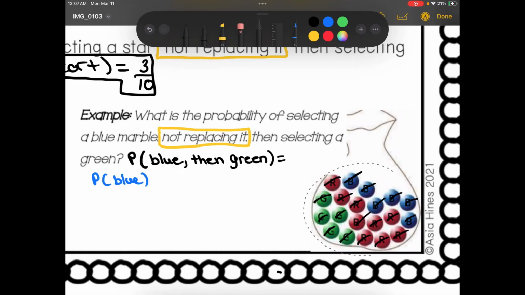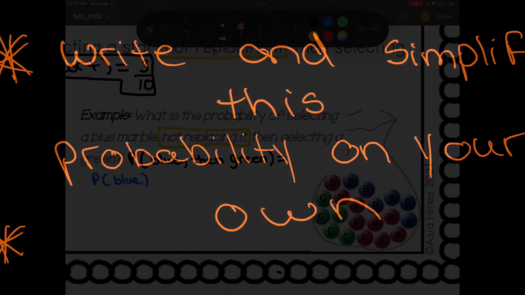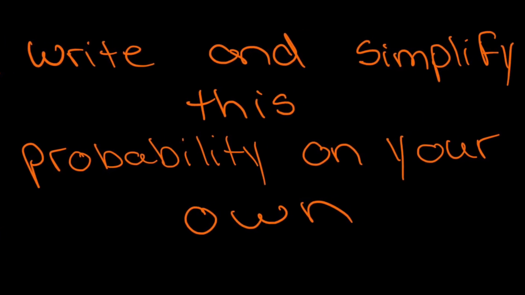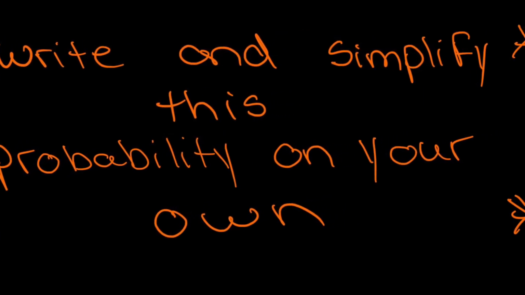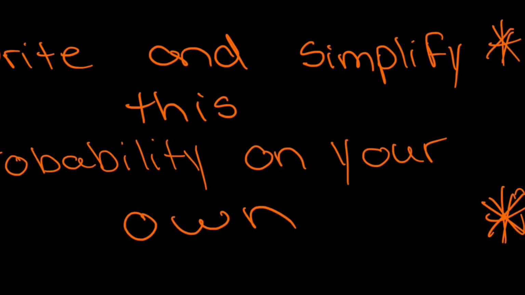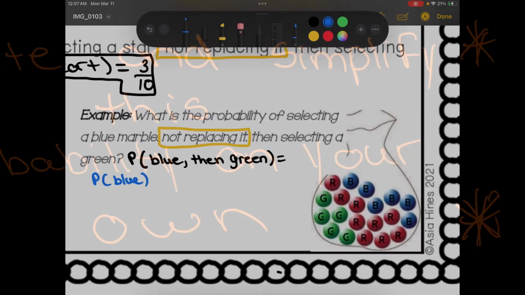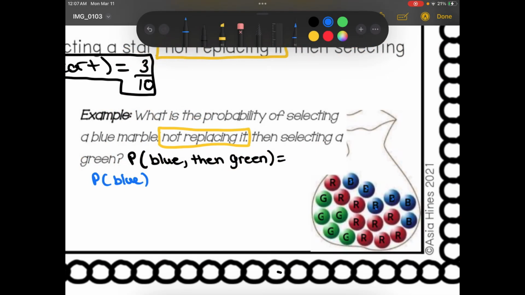Okay, so there are 20 marbles in the bag. How many of those marbles are blue? One, two, three, four, five, six. 6 out of 20. Can this be simplified? Yes, it can. 3/10.